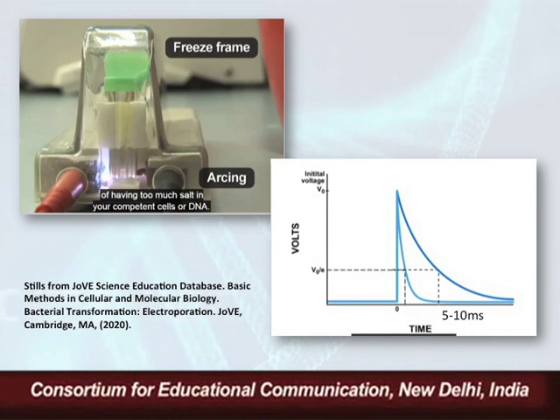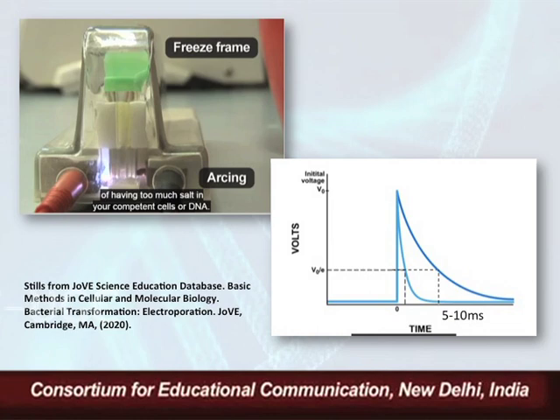The volts increase and then transiently come down. It has to come down in this manner, and this is called the time constant. An ideal time constant will be somewhere between 5 to 10 milliseconds. But the second graph shows what happens when there is arcing: it suddenly drops down. The time constant is really, really low, and because of this spark, the bacterial cells die.